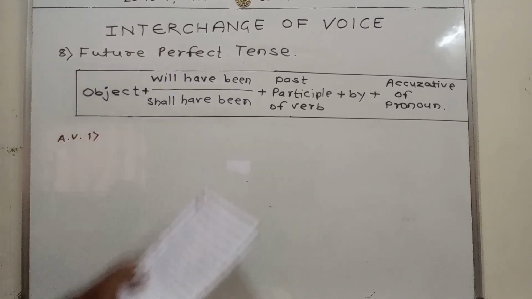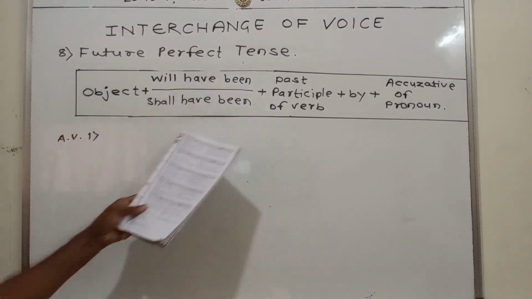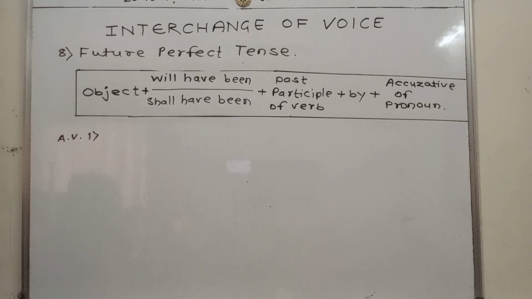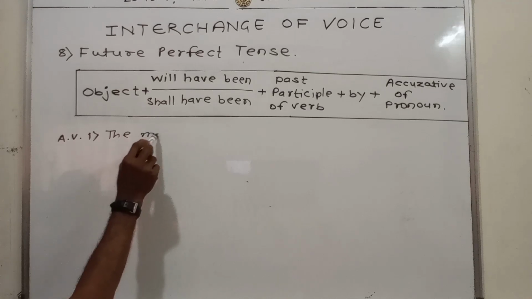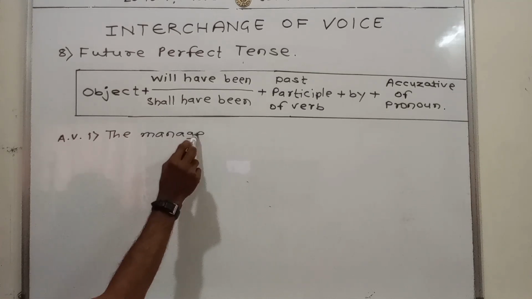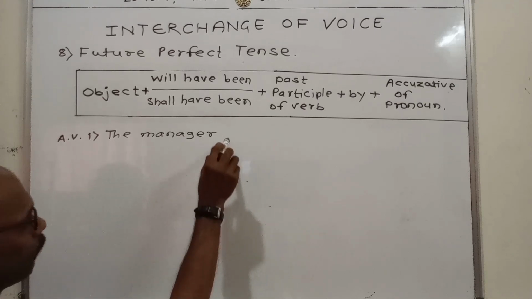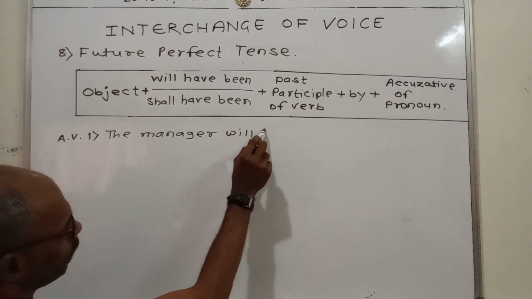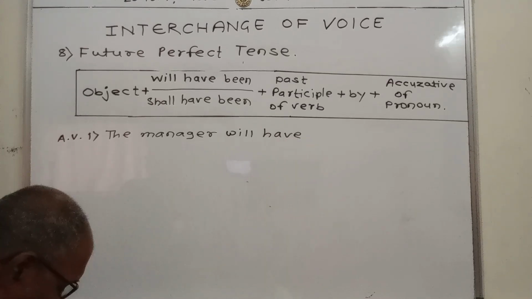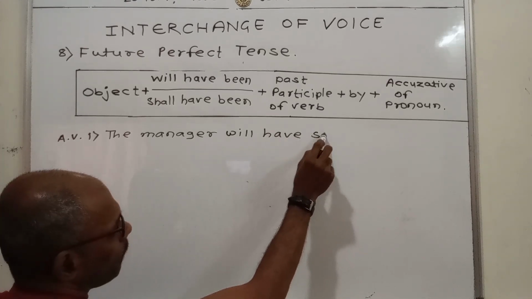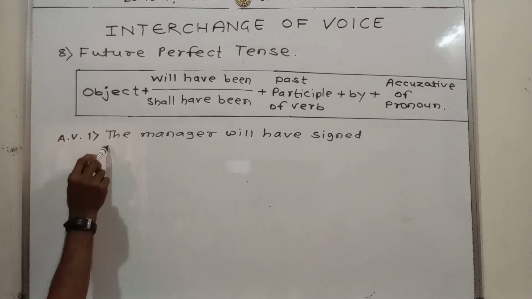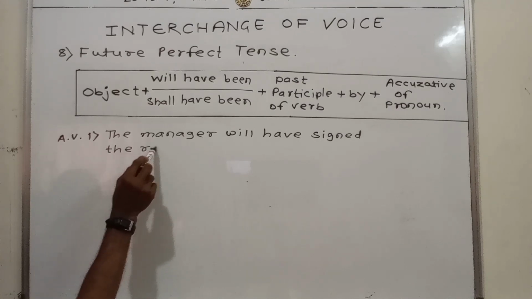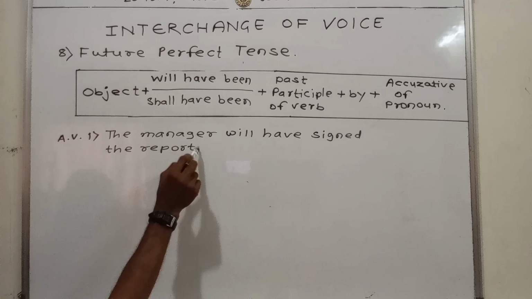Eight: future perfect tense. Rule: the only change here is will have been, shall have been. Remaining is the same. Now first example: The manager will have signed the report.